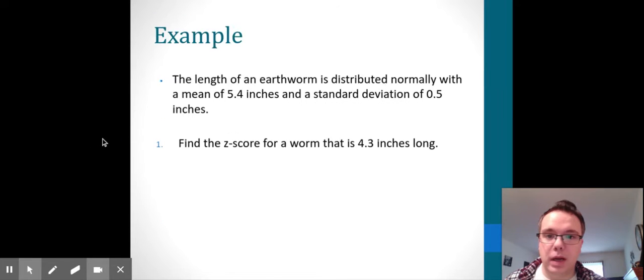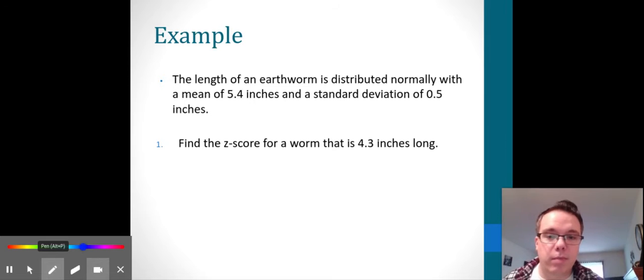I have one example for you with two parts. This is the first part. I'm going to pause for a second so you can write down the example, and then we'll go through it. It says the length of an earthworm is distributed normally with a mean of 5.4 inches and a standard deviation of 0.5 inches.